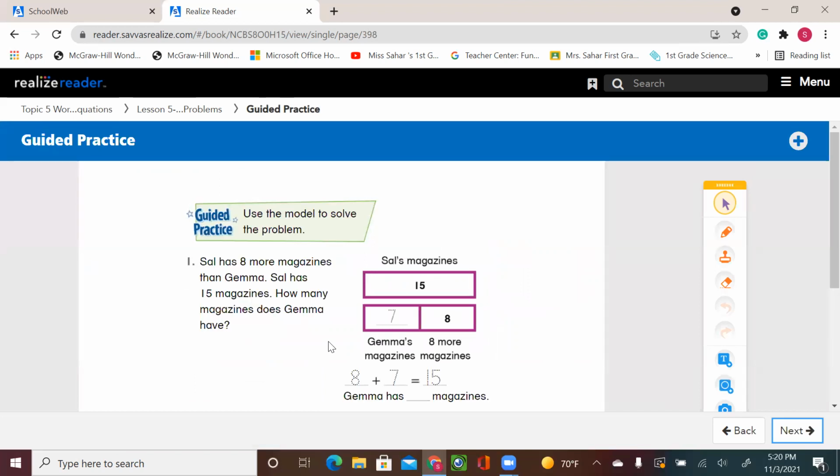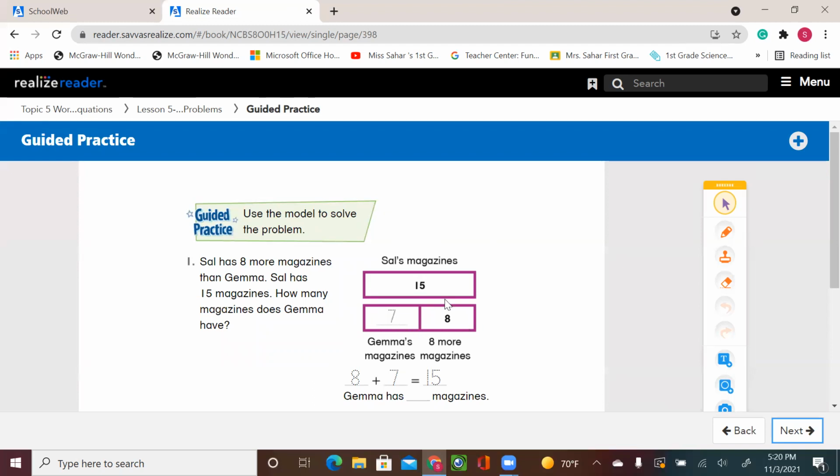All right, so Sal has 8 more magazines than Gemma. Sal has 15 magazines, right? So we know that she has 8 more, and she has 15 total. So how many magazines does Gemma have? So I know the total, I know one part, I have to find the missing part.